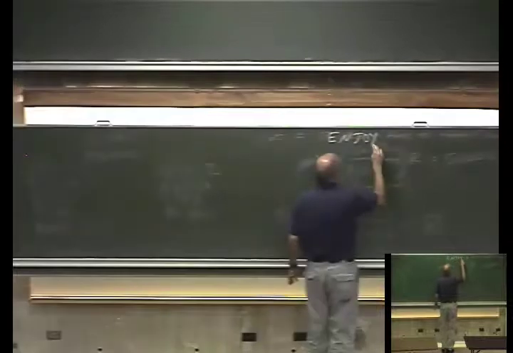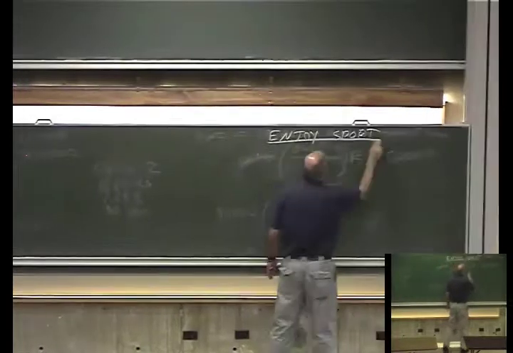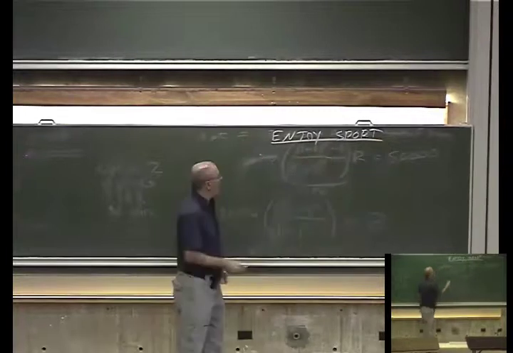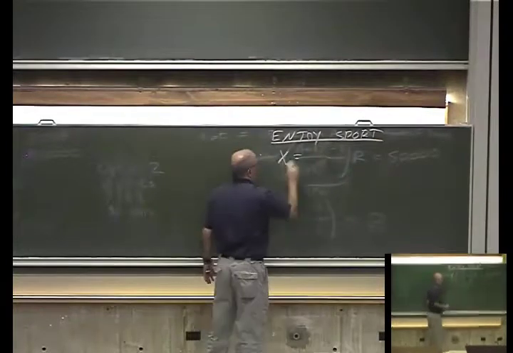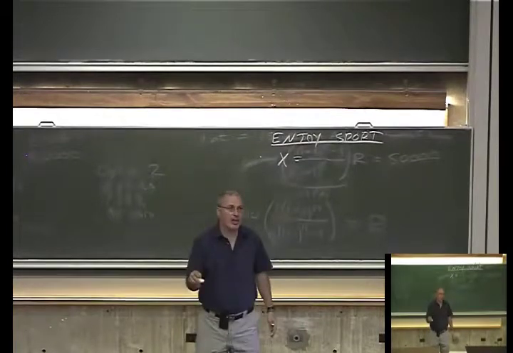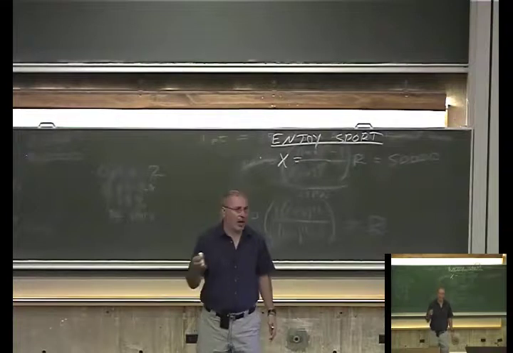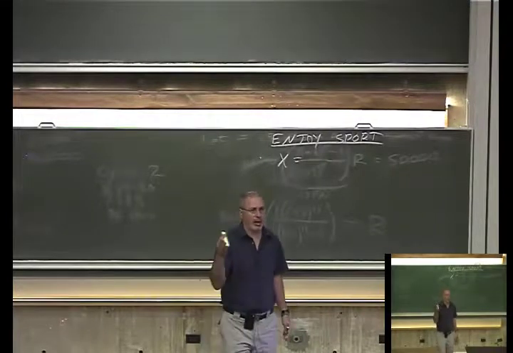The enjoy sport problem. X was a set of all possible weather patterns as expressed over 6 attributes. Remember those attributes? The first one had 3 possible values. I think the sky could be sunny, cloudy, or rainy.